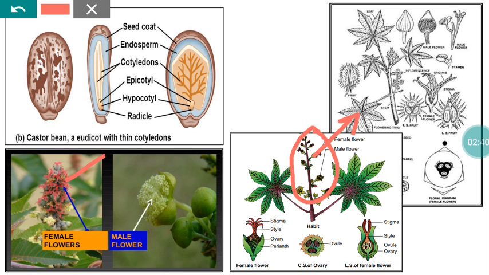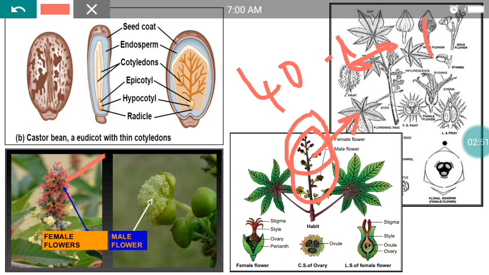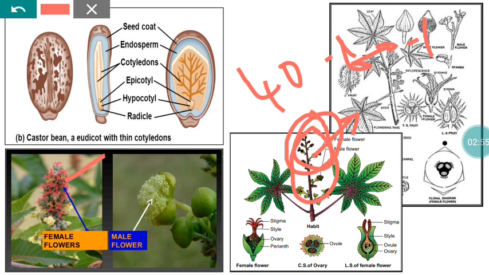The female flowers are what you are seeing here in red color. They occupy 40 to 60% of the area at the top. The bottom, mostly one third of the spike, is allotted to the male flowers.